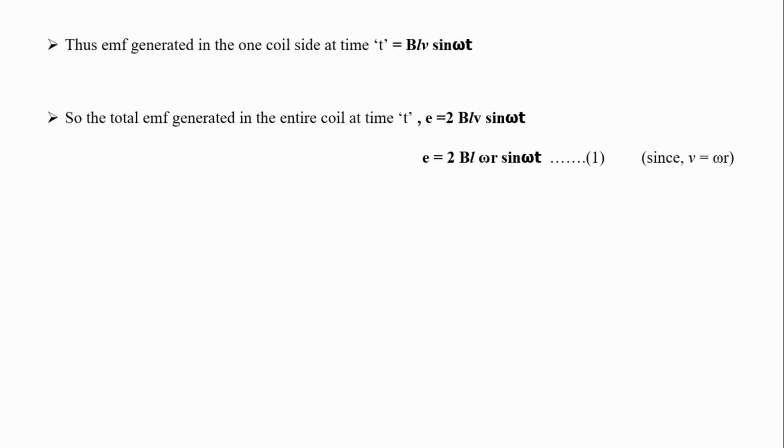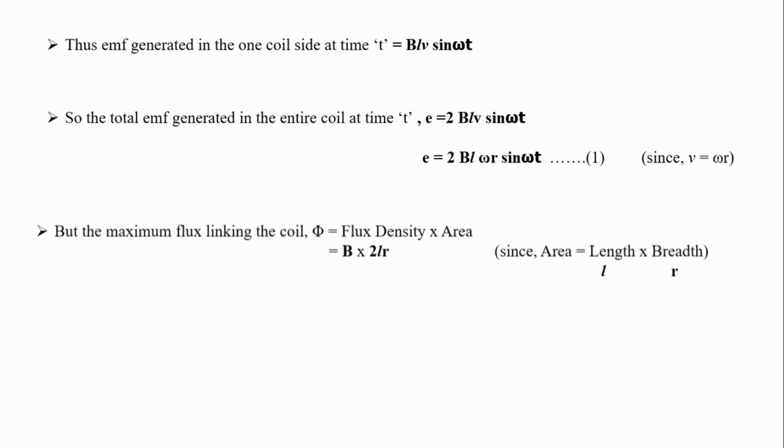Instead of V, we can substitute omega into R, as we already discussed. But the maximum flux linking the coil, let it be phi, is equal to B into A. That is flux density into area. So what is the area? Area is equal to length into breadth.